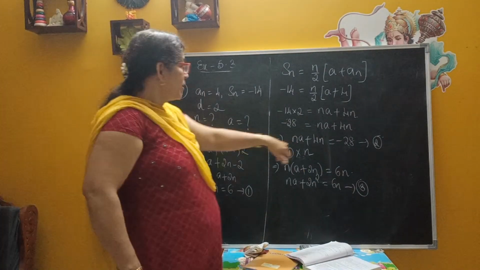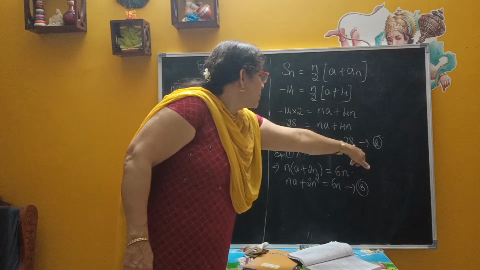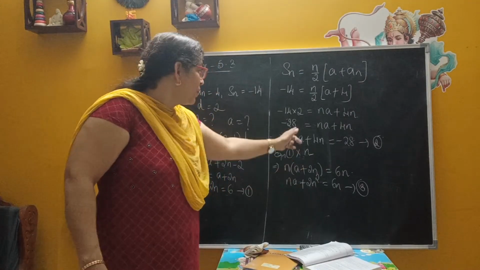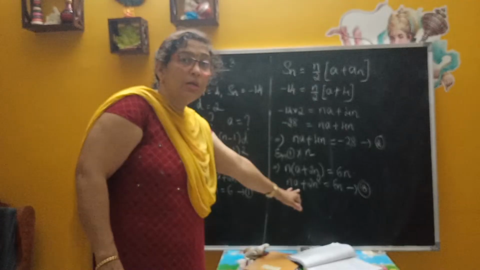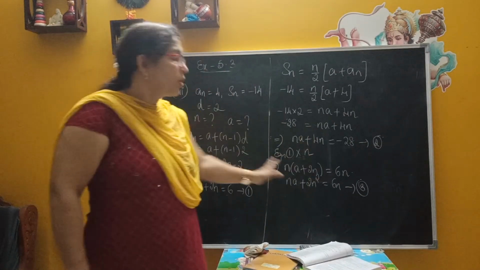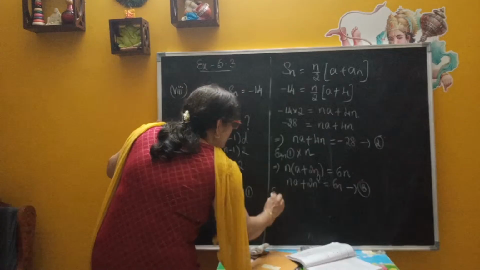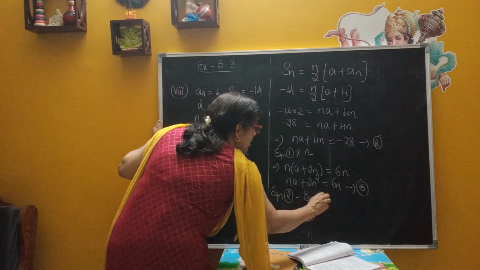Here we have na plus 4n equal to minus 28. Okay, here also we have na. So we can eliminate the first term na. So with what operation? We can subtract 3 from 2 or 2 from 3. Let me write equation 2 minus equation 3.